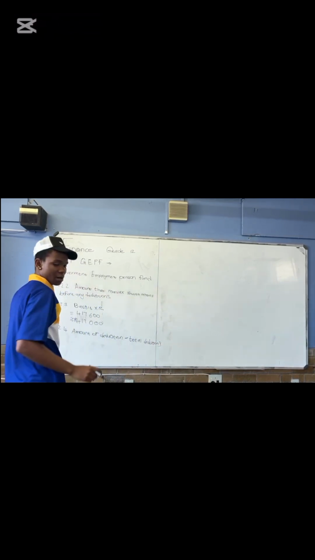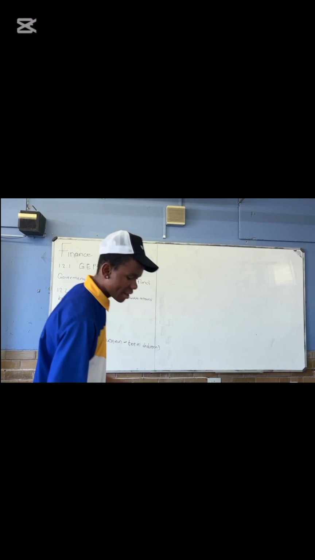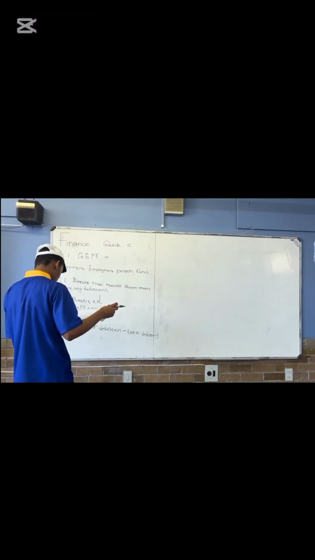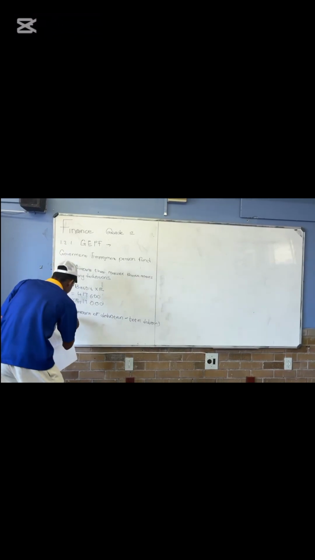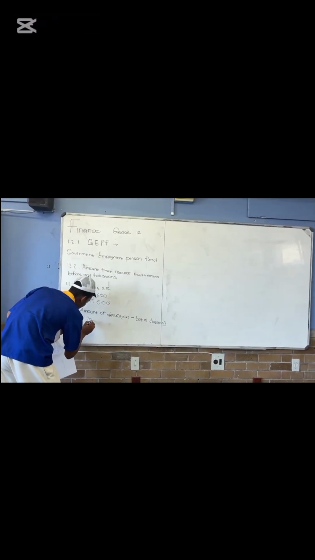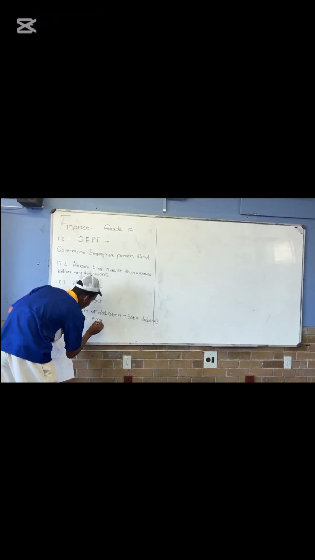Then on the paper it says we have to take, let me see, 1.2.4. 700 is our amount of deductions, the total amount.